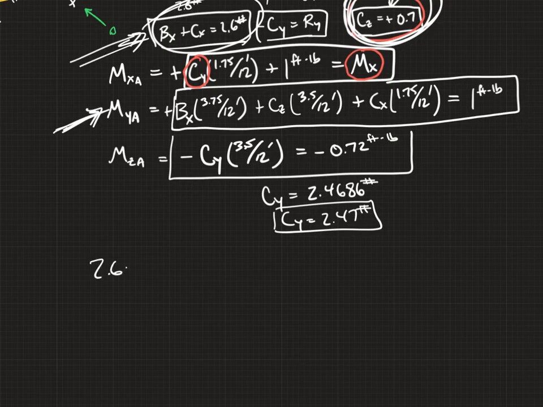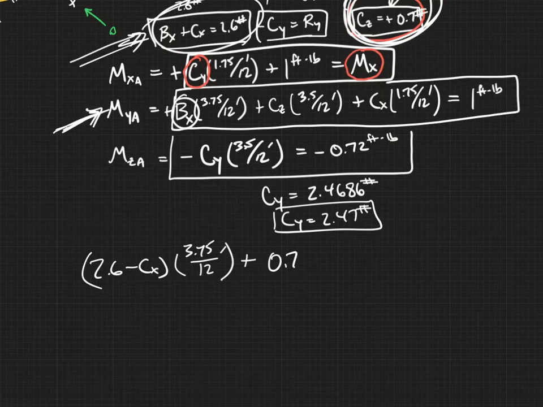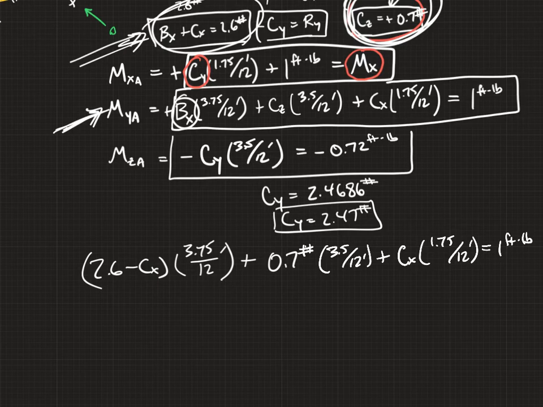So 2.6 minus Cx, and I'm putting that right here, times 3.75 over 12, plus Cz, which is 0.7 pounds, times 3.5 over 12, plus Cx times 1.75 over 12 feet equals 1 foot-pound. And this way I can solve for Cx.